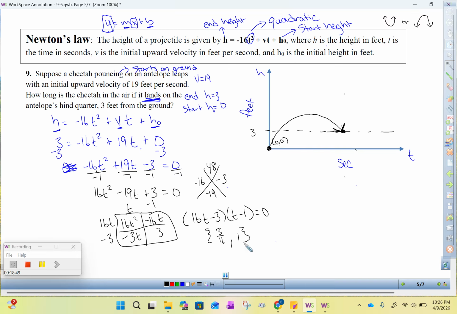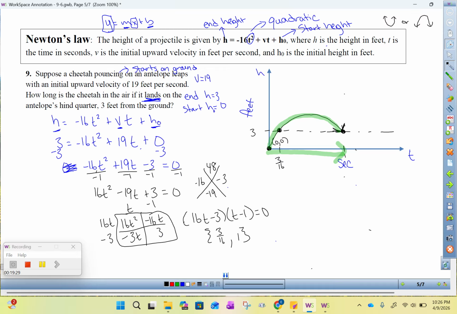Well, we had two different answers here because there were two different times that related to this height of 3 feet that we originally set up to get our equation. It was 3 over 16 and 1. So, when I want to know how long is the cheetah in the air, I want to know how long or how many seconds did it take to get from my starting point over to my ending point.